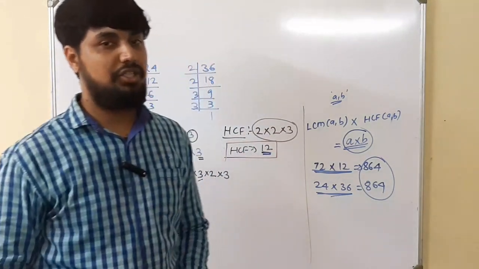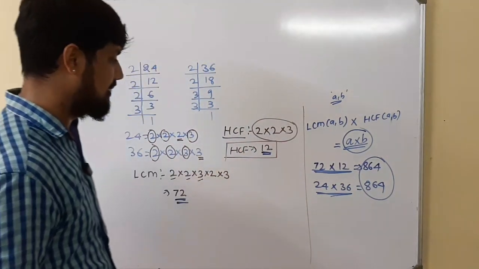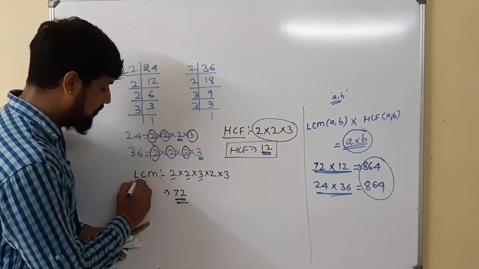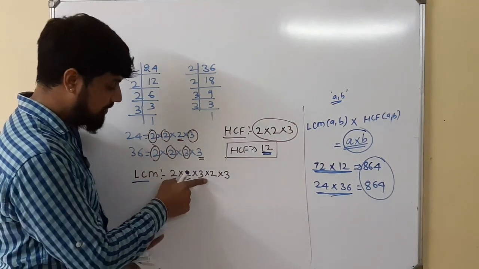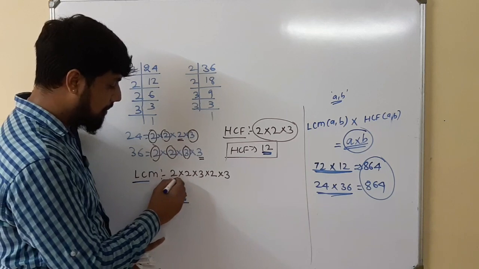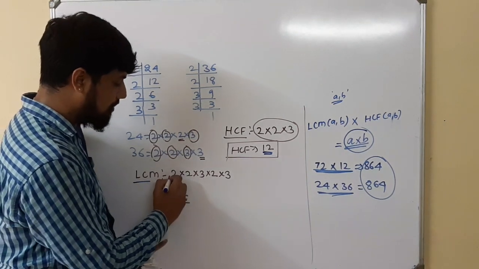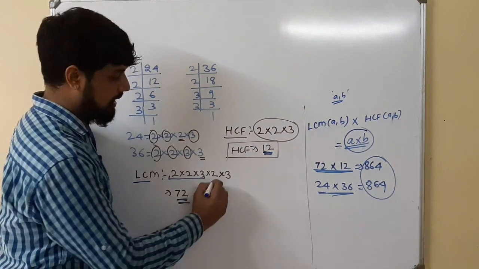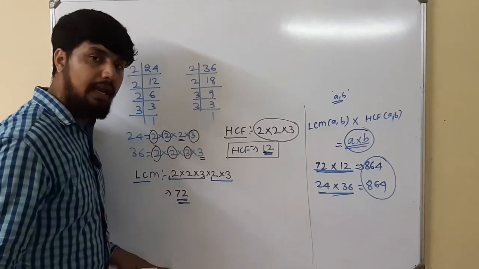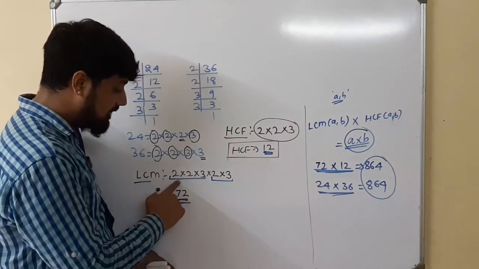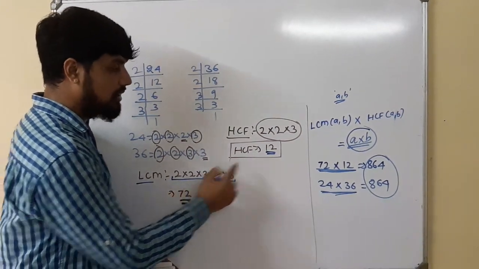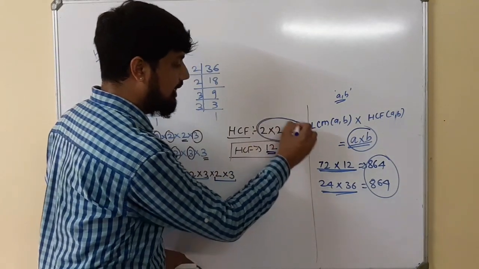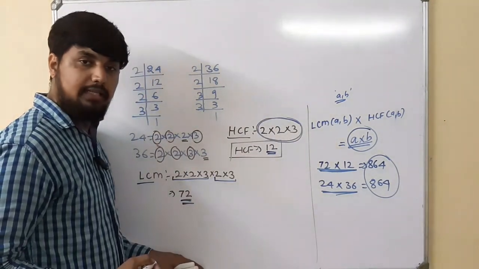Now the second relation between LCM and HCF we will see. When we take the LCM, the numbers which are common, we write first, and then the numbers which are not common we write after. These common numbers, the same thing we write in the HCF also.